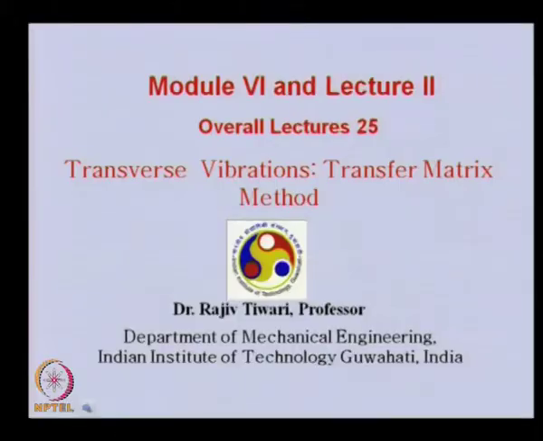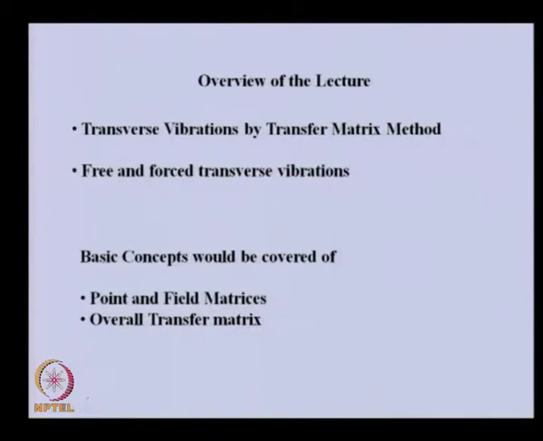So we will have matrices of size 16 by 16, but with single plane motion the point matrix and field matrix will be of the order of 4 by 4. Let us see what we will be covering in this lecture.